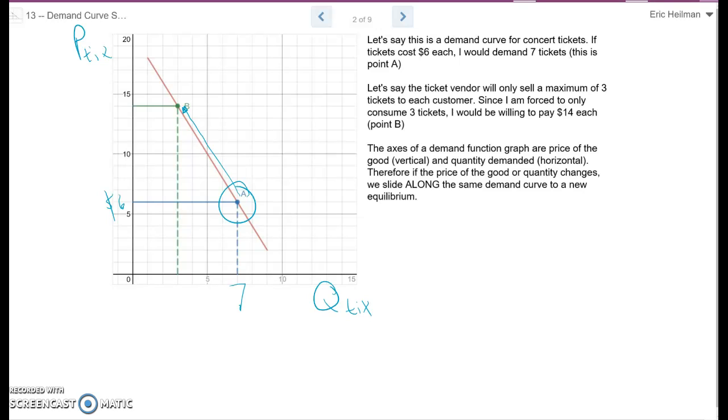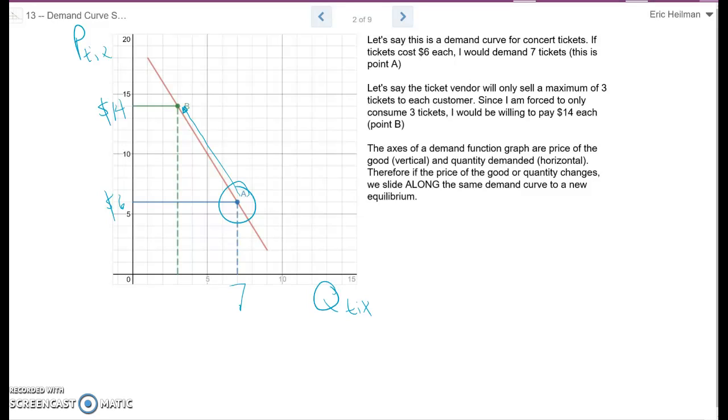It's the horizontal axis. So if that for some reason changes, we are going to slide along the given demand curve. And so if I can only get 3 tickets, I'm willing to spend $14 a piece on them, and we'd be at that new point.